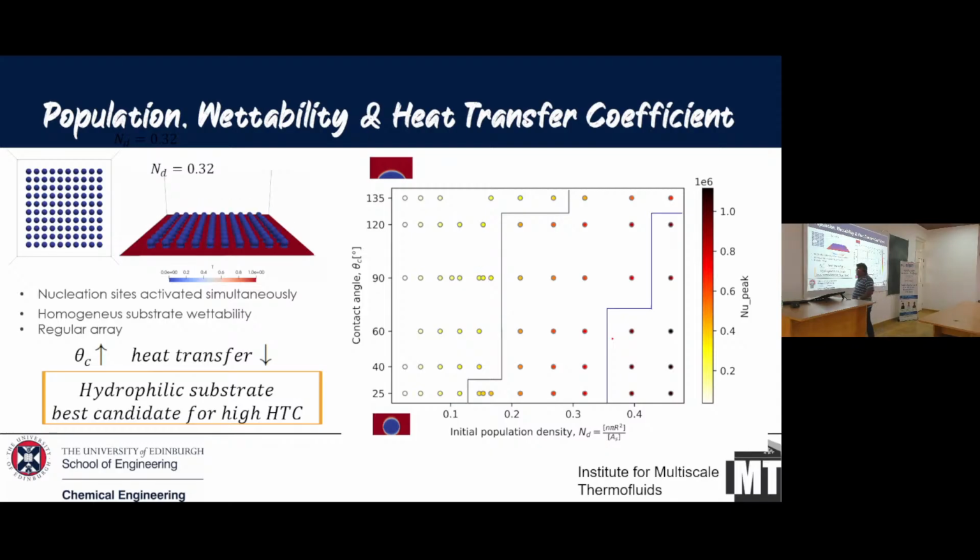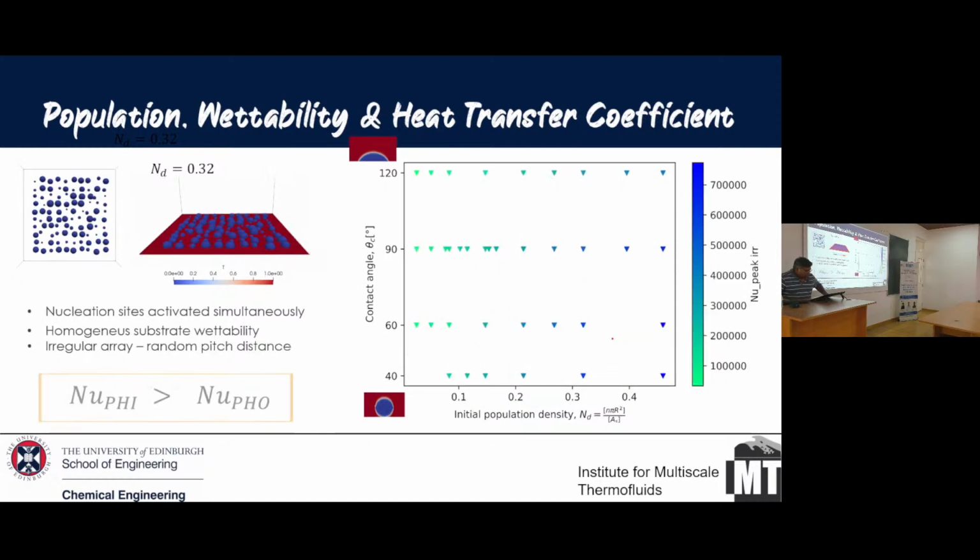So the conclusion here is that a hydrophilic substrate is great for a high heat transfer coefficient, and the more sites, the better. She did it for a random distribution as well. There's hardly any change in the result.